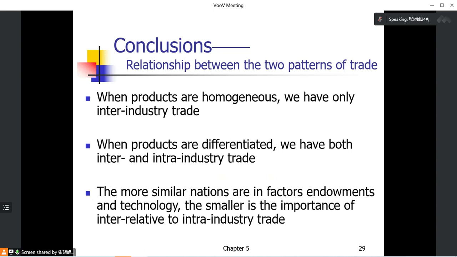The more similar nations are in factor endowments and technology, the smaller is the importance of inter-industry relative to intra-industry trade.